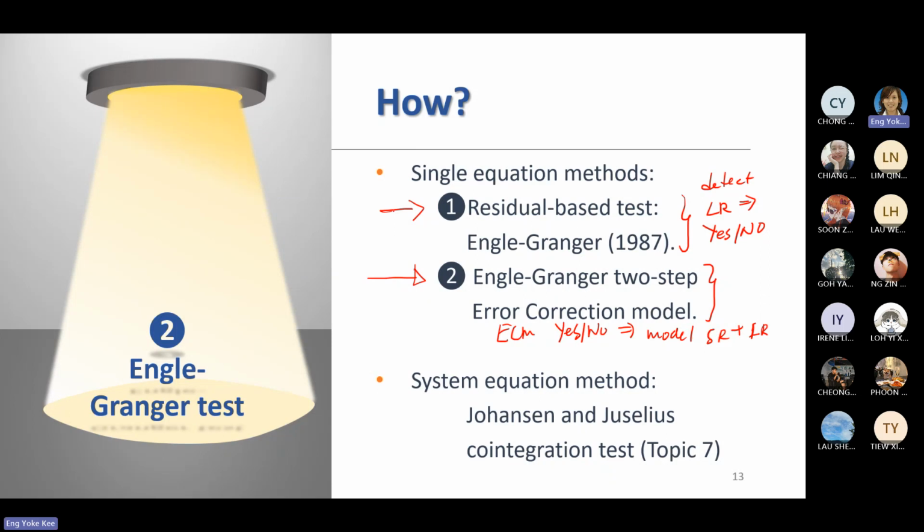Right, there's another one that is not in our syllabus. It's what I call the ARDL bounds test approach. It works very similarly to this, but the test statistics used are different.